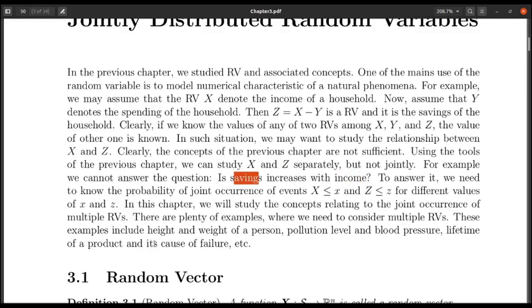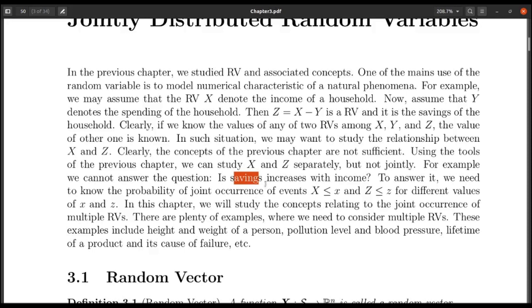Most likely, households with higher income save more, but this is not always true. The things are probabilistic: with some probability higher income means higher saving, and with some other probability higher income implies lower saving.